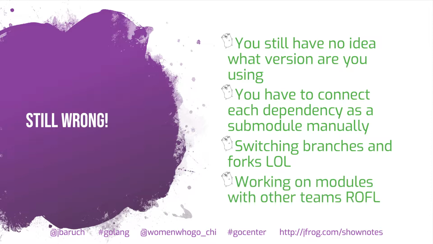And there is a problem of when I'm a dependency for another team and they are a dependency for me, it's impossible to do because we need to be a submodule of one of each other, and that's not supported. So it's a little bit better, and dependency managers help, but vendoring is still a wrong solution to the problem.